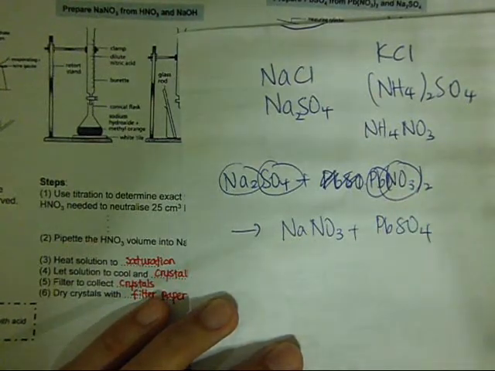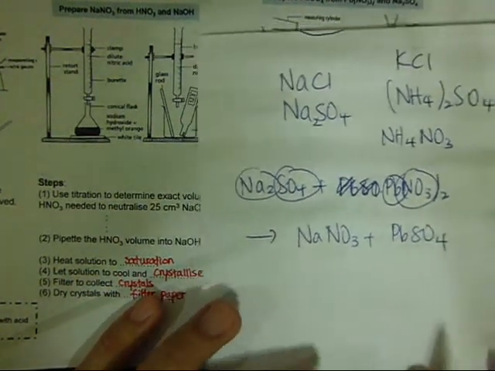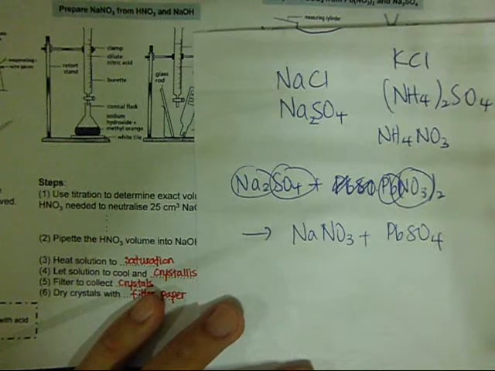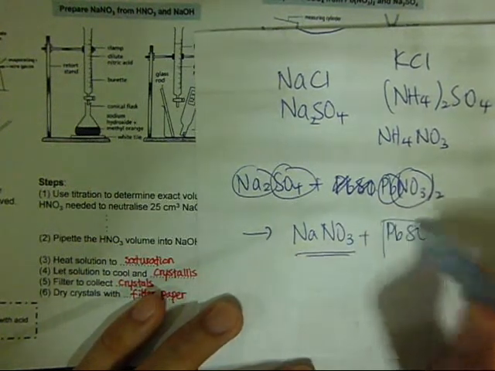Of course this is not balanced, but we do not need to balance this chemical equation because it's just for our reference. This is an aqueous solution, this is soluble, this is insoluble.